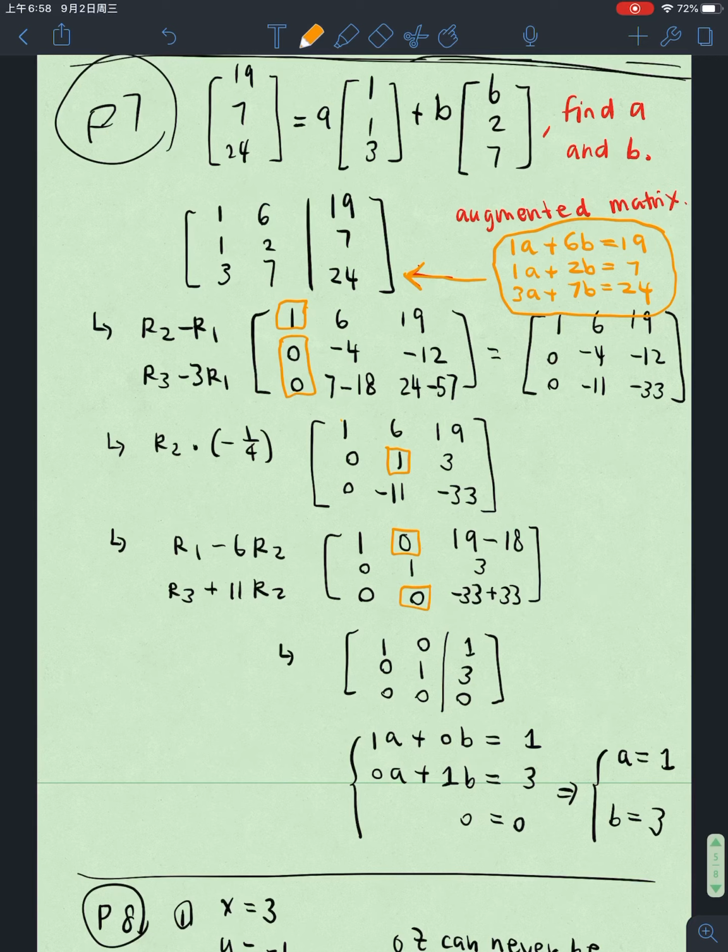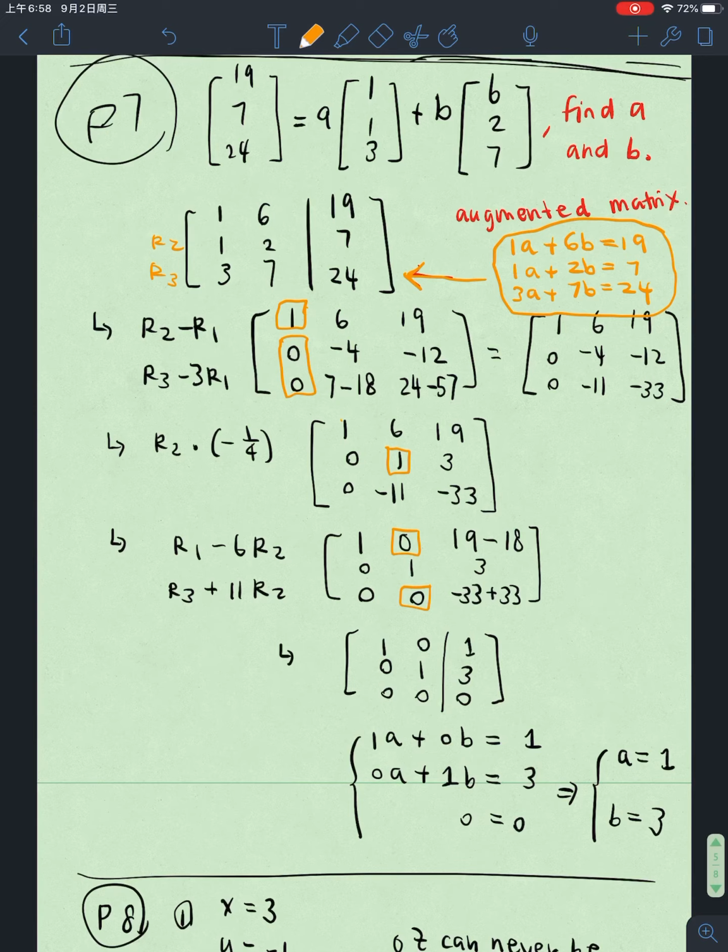So we have the leading coefficient 1 already. We just need the numbers below it to be 0. So for row 2 and row 3, we simply do row 2 minus row 1 and we can get a 0. But you can also do it the opposite way, row 1 minus row 2. Wait, can you? Okay, just do row 2 minus row 1, and 1 minus 1 will be 0.